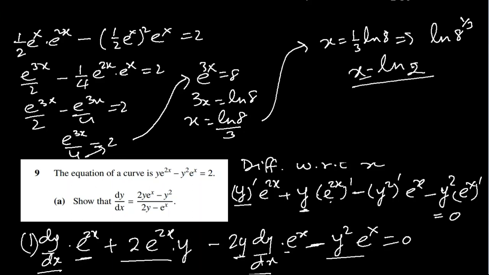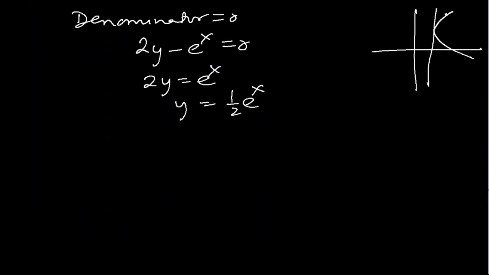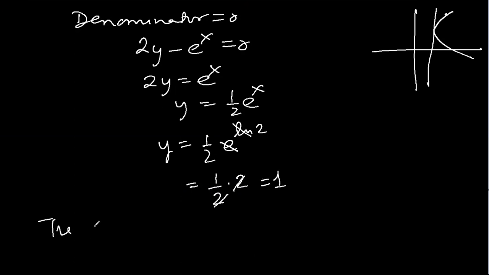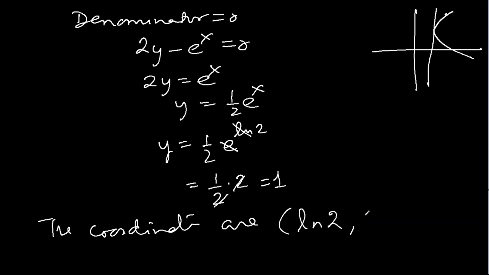So let's use this x coordinate to find y, which was here. y equal to half e to power ln 2. Whenever we have e to power ln, they neutralize each other, and we are here with half times 2, 2 and 2 cancel, 1. So the coordinates are ln 2, 1.